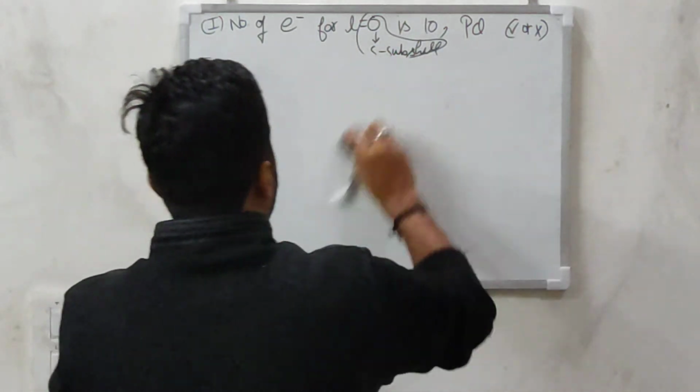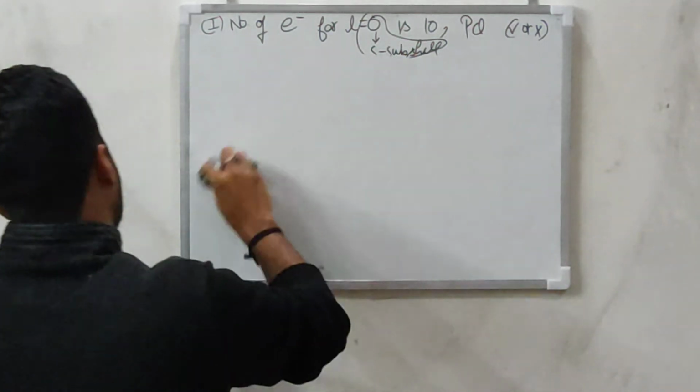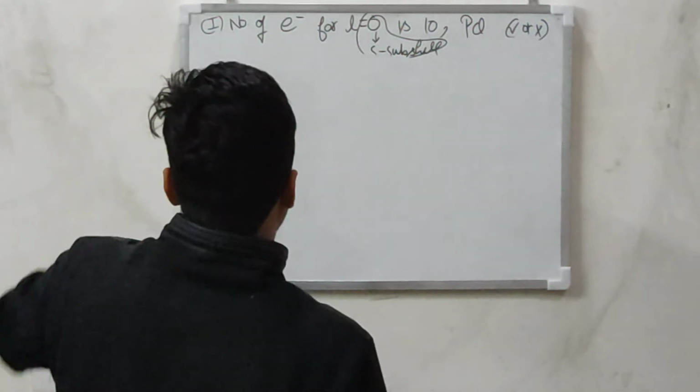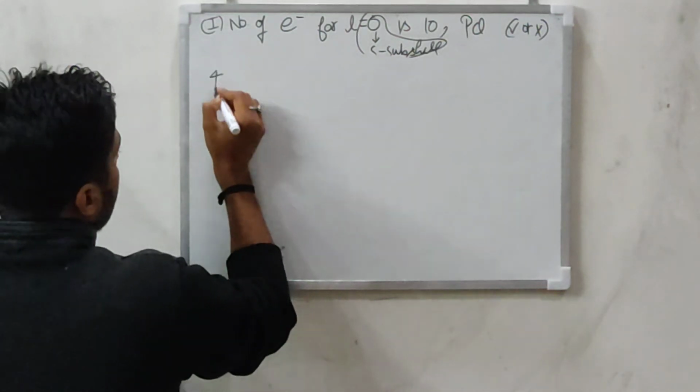For that, we have to know the electronic configuration of palladium. The atomic number of palladium is 46.